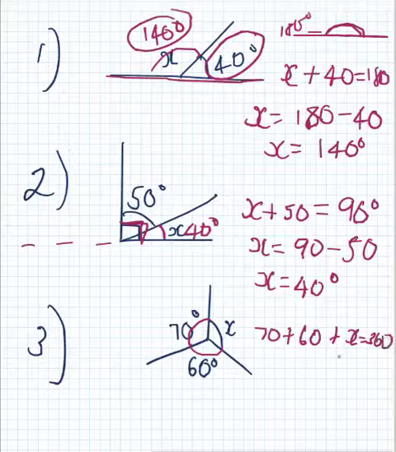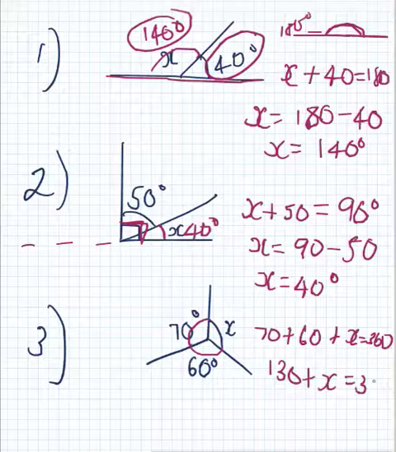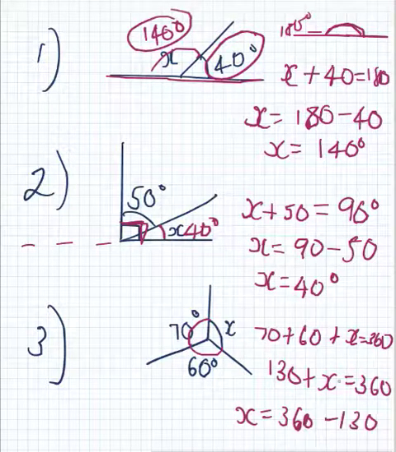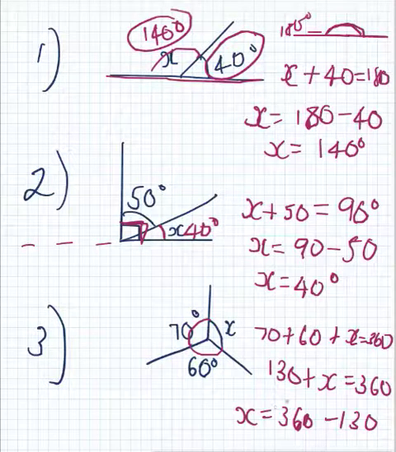And this equation is easy to solve. We can first add 70 plus 60, which is 130, plus x equals 360. And now we just have to minus 130 on both sides. So x will be 360 minus 130, which leaves us with 230 degrees.